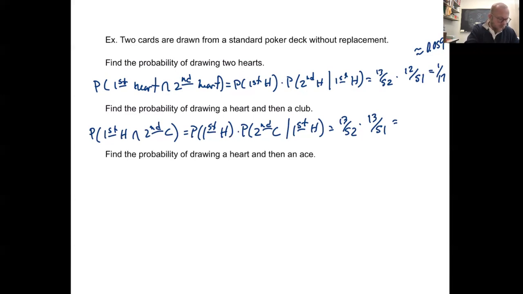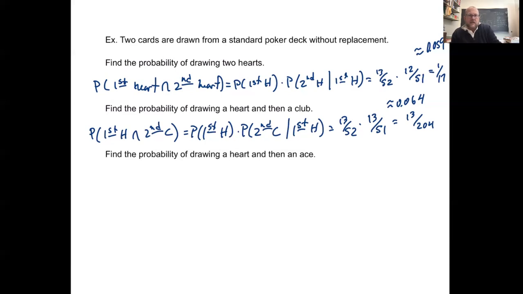The fraction of that is not as nice, 13 out of 204, but the decimal of it is about 0.064. So slightly higher probability of having that happen because there were more clubs left in there. Okay, so hopefully that makes sense.